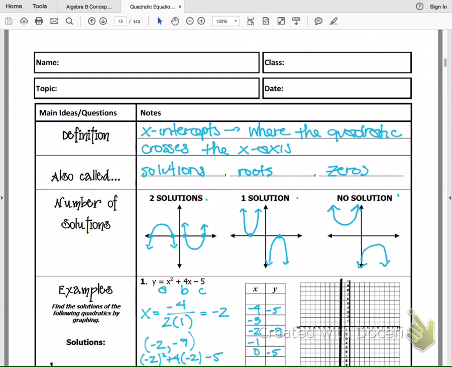The top one. And if I plug in negative 1, I'm doing negative 1 squared plus 4 times negative 1 minus 5. So what am I getting out here? 1 minus 4 is negative 3, minus 5 is negative 8.